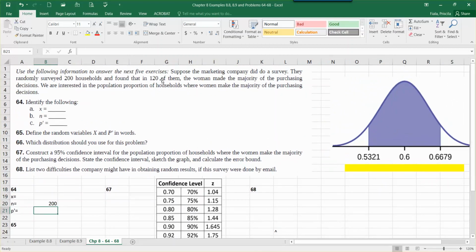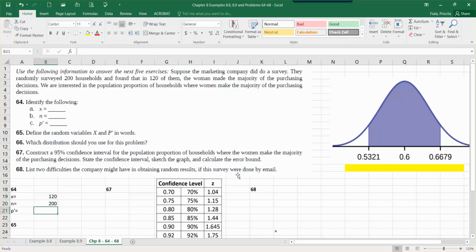And found that in 120 of them, this is your x, right? It's the number out of the whole sample size, so that's why we're going to have to get a proportion. The woman made the majority of the purchasing decisions. So we are interested in the population proportion of households where women make the majority of the purchasing decisions.